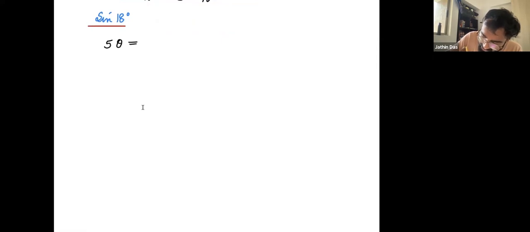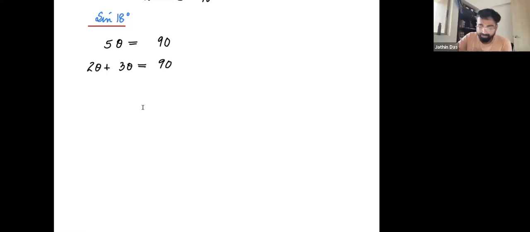Can I take 5 theta as 90? 90 is the only multiple of 18 which you know. Now, how will you split this 5 theta? 2 theta plus 3 theta is equal to 90. Then I'll take 2 theta like this and 90 minus 3 theta.